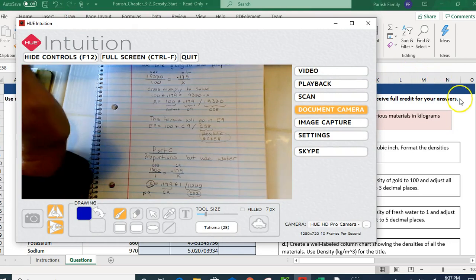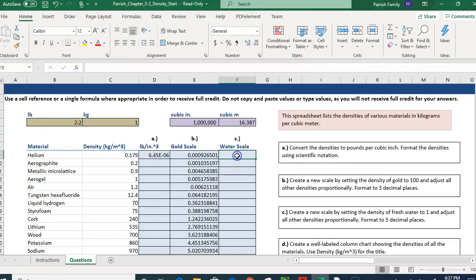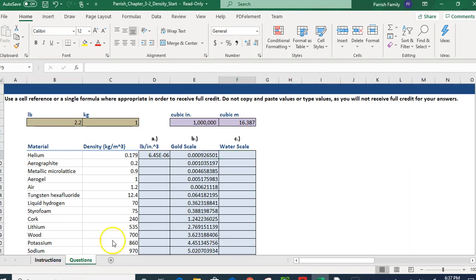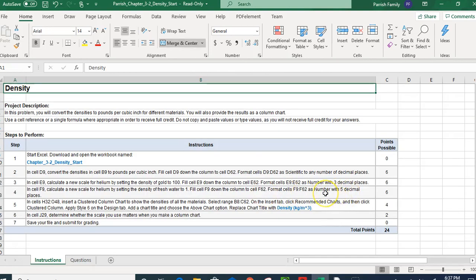Okay, so that's what we're typing in F9. And then you're going to fill it down again. Make sure you've done your formatting. It tells you 5 decimal places, 4 decimal places. Over here, it tells you to make sure that it's a number with 3 decimal places and a number with 5 decimal places.